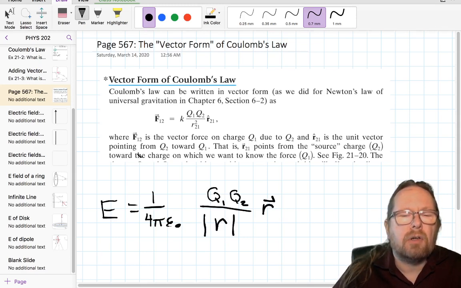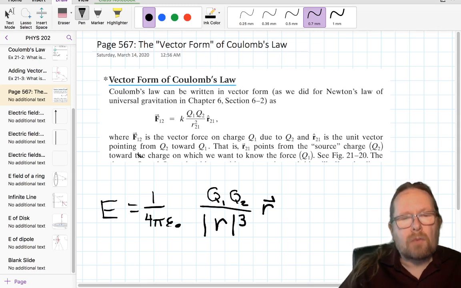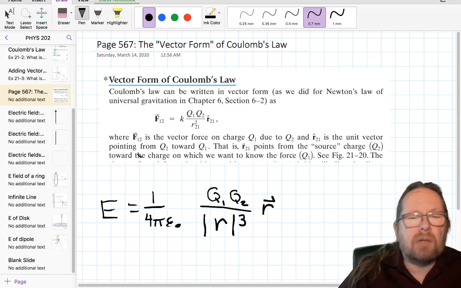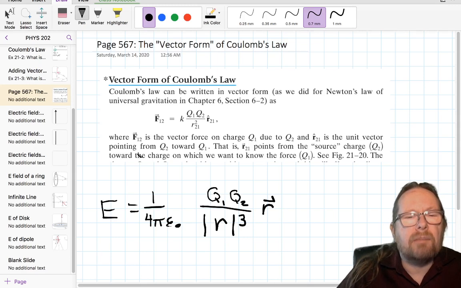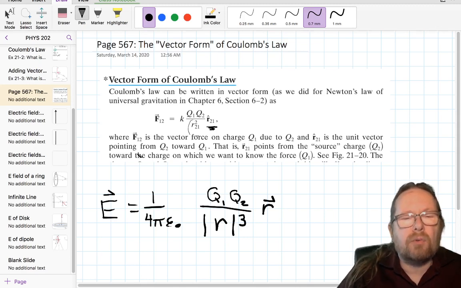vector cubed. And that may look strange, like a 1 over r cubed law and not a 1 over r squared law, but this is the vector that includes the direction, and we are dividing that by the magnitude of the vector cubed. So what you get is essentially 1 over the magnitude squared times a unit vector in that direction. If you ever come across an equation for the electric field or electrical force that looks like a 1 over r cubed law, keep an eye out for this vector in the numerator.